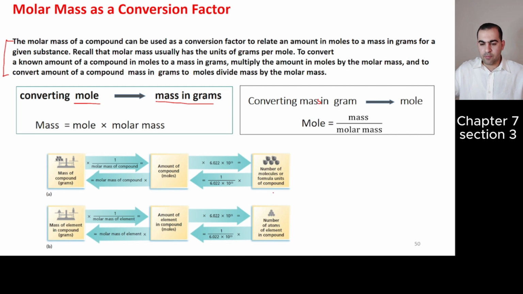Do you remember number of atoms of an element in a compound? We just say number of molecules or formula units of a compound divided by Avogadro's number, you get the amount of compound in mole. So the number of atoms of an element in a compound, divided by Avogadro's number, you get the amount of the element in the compound.